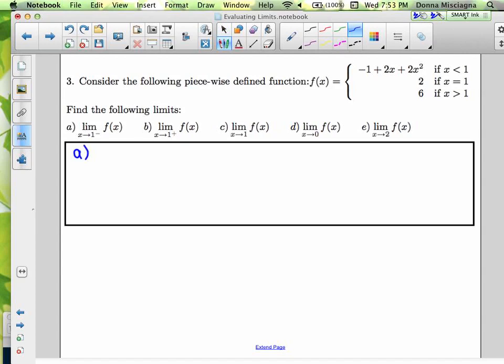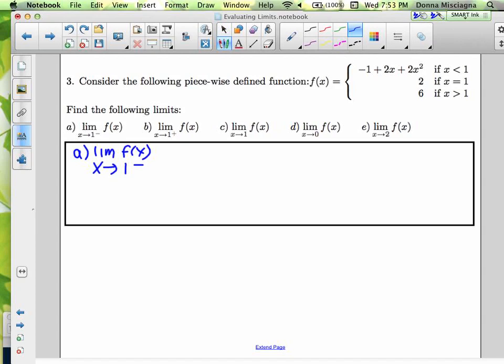So the reason I want to go over this one, look at this one. This one's got 3 parts. So I told you there might be a little surprise. All right, I almost forgot the one with 3 parts. So now we've got more places for left and right, don't we? So we have the limit of f of x as x approaches 1 from the left. That's still going to be the less than 1.